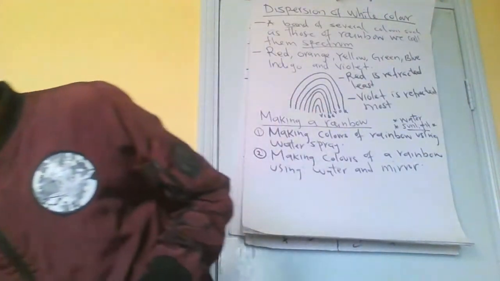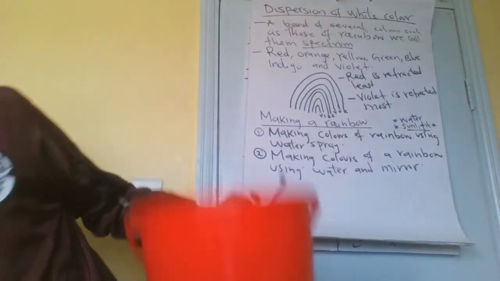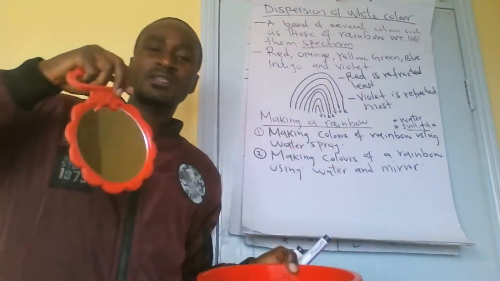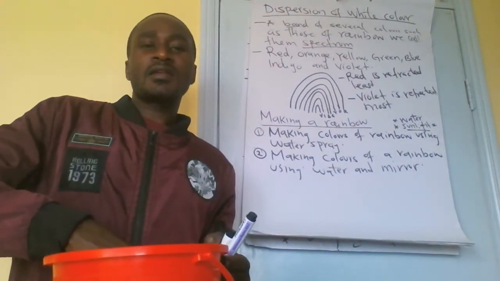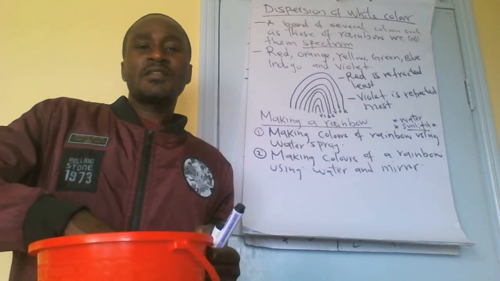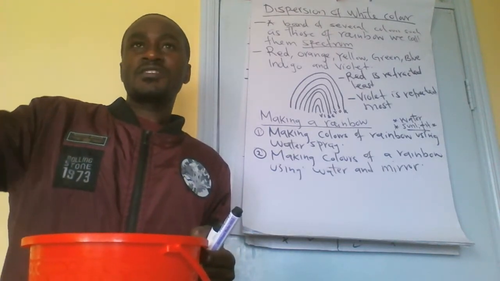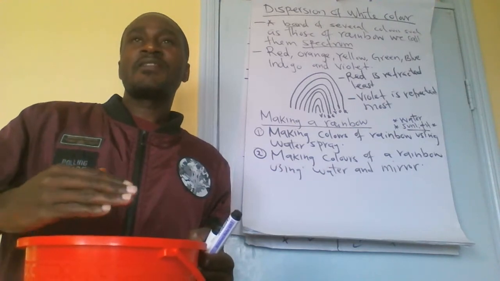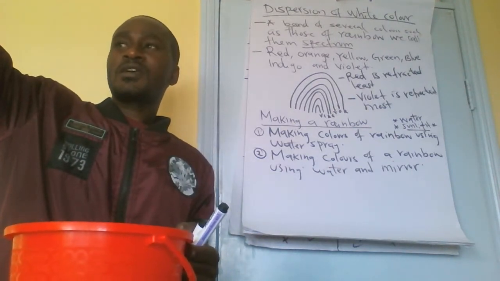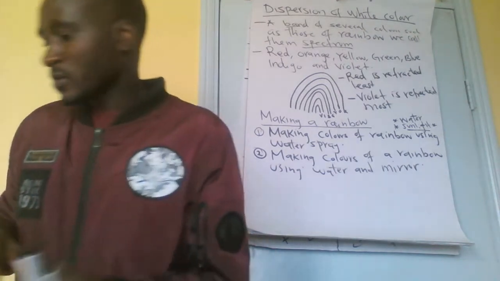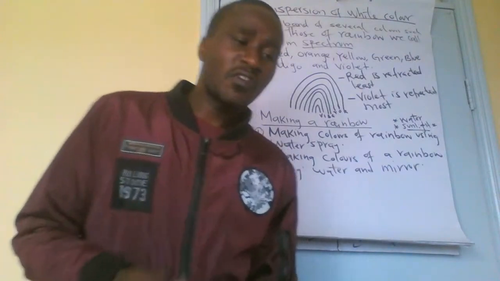Make sure you have a container like this one, a basin, and a mirror like this one. Place the mirror at an angle and fill the basin with water. Then tilt it to an angle where the rays of the sun can hit the mirror. With a white wall ahead of you, you will see a rainbow on the wall. That's another way a rainbow is formed.